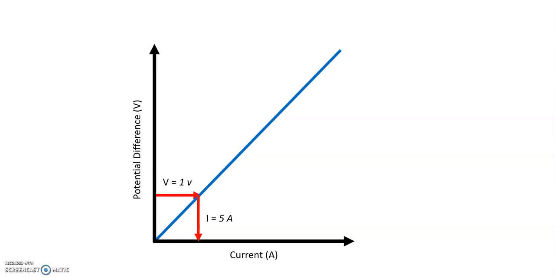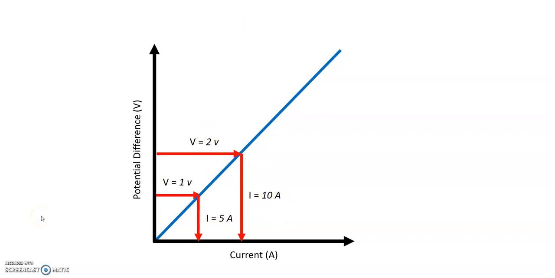Directly proportional means this: when I double my potential difference, my output current will also double. So by doubling my potential difference by going from 1 to 2 volts, I also double my current, which goes from 5 to 10. So all you have to do is multiply 1 by 2 to get this value, and if you multiply 5 by 2, it gives you this value.